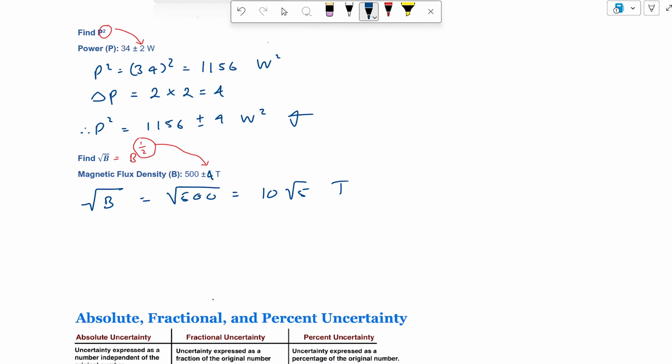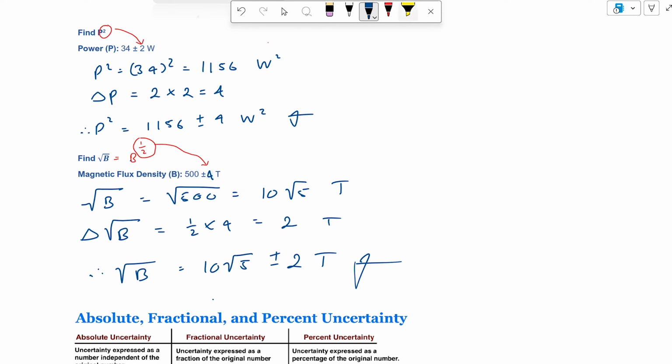So you should be getting delta square root b is equal to half times 4 is equal to 2 Teslas. Therefore, square root b is equal to 10 square root 5 plus minus 2 Tesla.